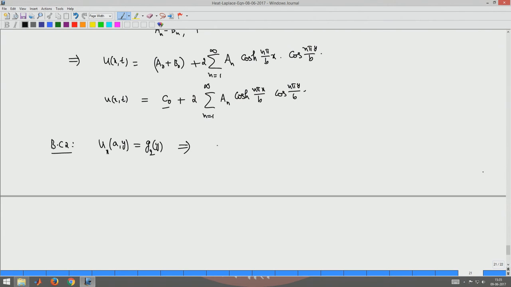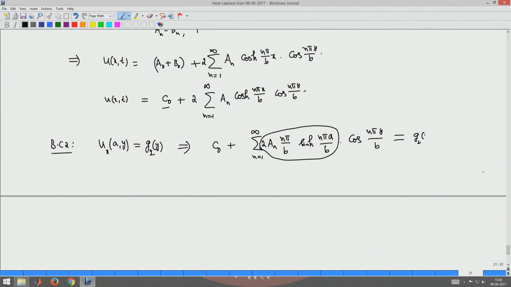So, this will give me c_0 plus 2 times the sum for n from 1 to infinity of a_n, and you are differentiating this cosh function, so n pi by b comes out and it becomes sinh(n pi a by b) into cos(n pi y by b). So, 2 you bring in, so that the whole constant you will get, this equals g_2 of y.